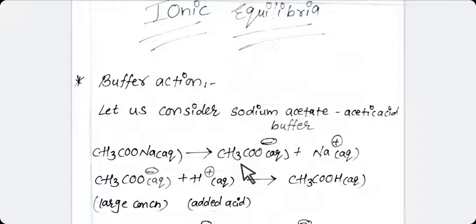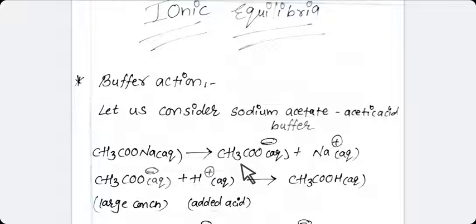That's why it dissociates completely in water, because the substance which is a strong electrolyte always dissociates completely in water, producing a large concentration of ions.